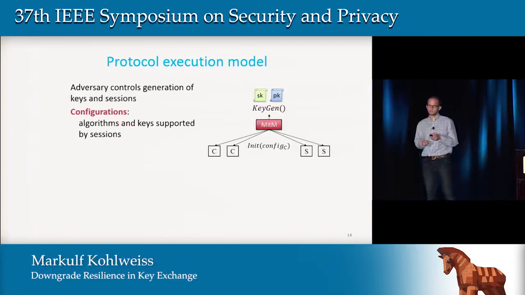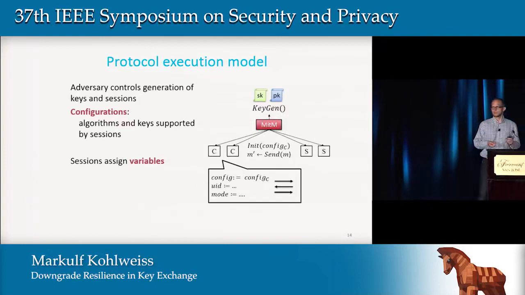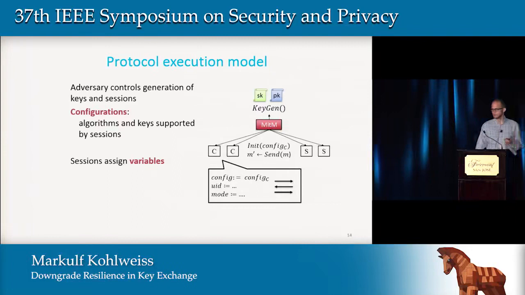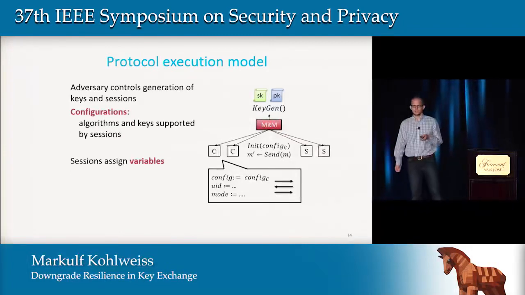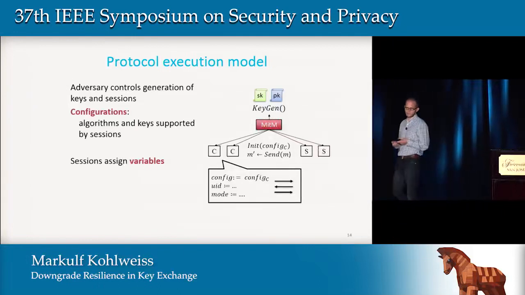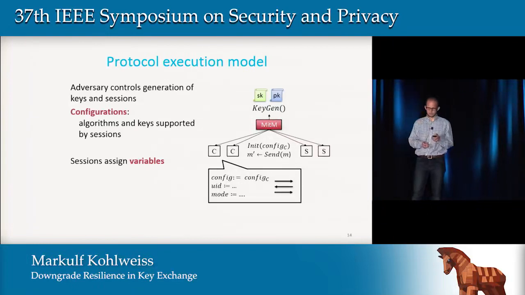Then he drives the protocol by using a send oracle in which he provides messages and receives messages, acting as a man in the middle. As the sessions progress in the execution of the protocol, they assign variables which will be used to model security. There are the configurations, some unique identifiers, typically a concatenation of nonces of two sessions, and the mode that is negotiated. And there can be more such variables for other protocols.